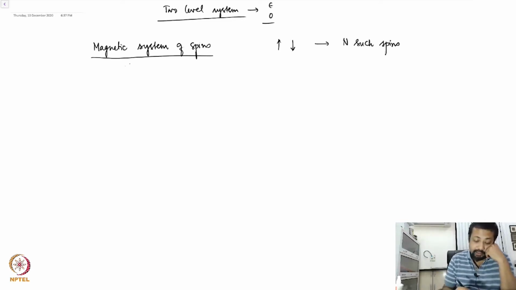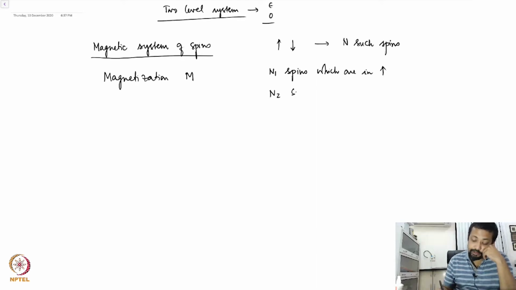Now this magnetic system has a magnetization m, right? So if there are n1 spins which are in the up state and n2 spins which are in the down state, correct?